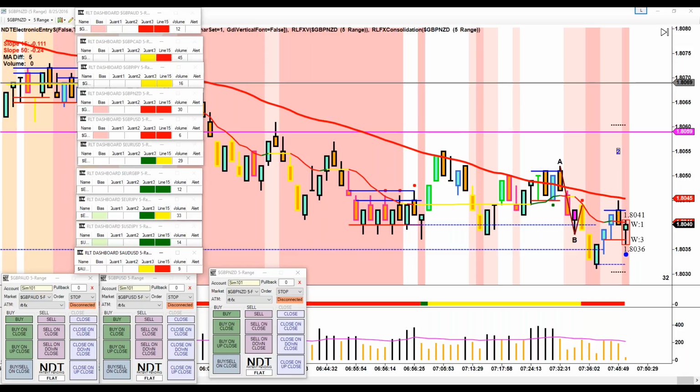Or the alert's coming with the potential that the candle's going to push to the downside.